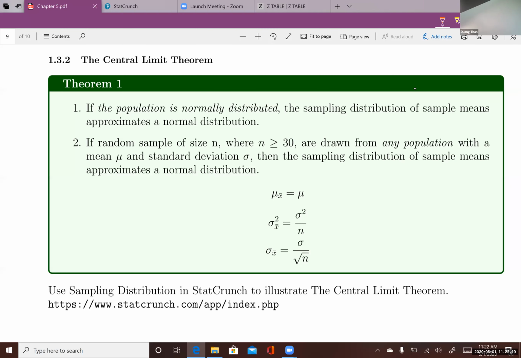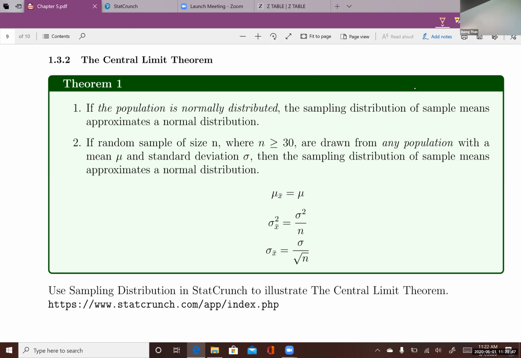And the simulation that we just did kind of introduces us to the central limit theorem, one of the very important theorems in statistics. So the central limit theorem talks about the relations between the mean and the standard deviation of the populations and the sampling distributions.